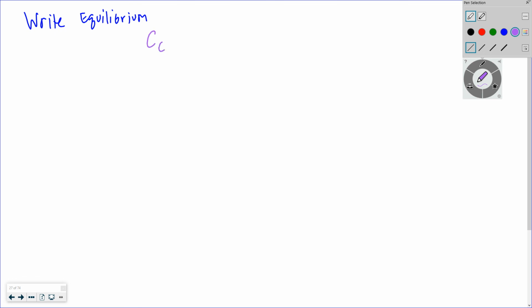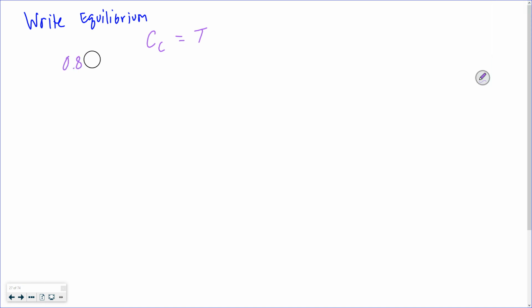Compression force in my concrete is equal to my tension force in my steel. I'm assuming, so I got 0.85 F prime C, magnitude times A times B, 0.85 F prime C AB is equal to Fy times my area of steel.